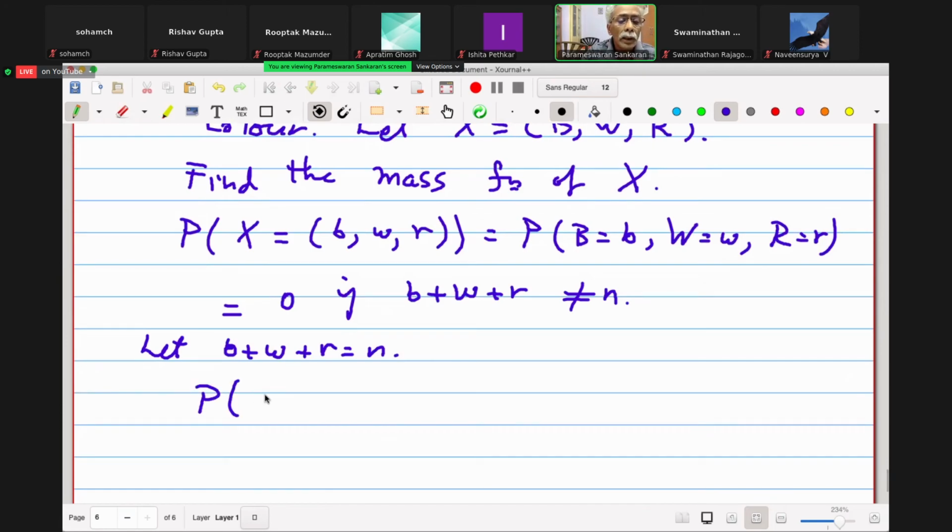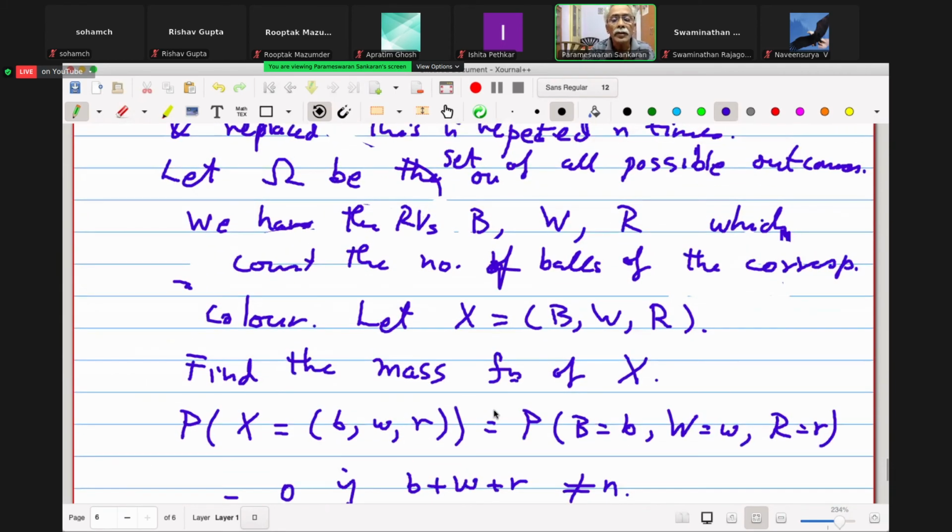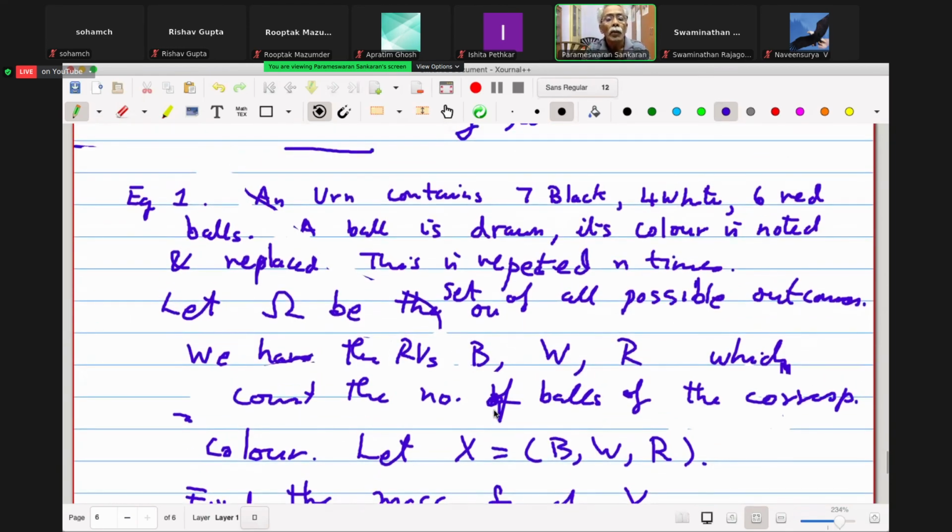The required probability is that B equals b, W equals w, and R equals r. What information do we get from the statement that the urn contains 7 black balls, 4 white balls, 6 red balls?